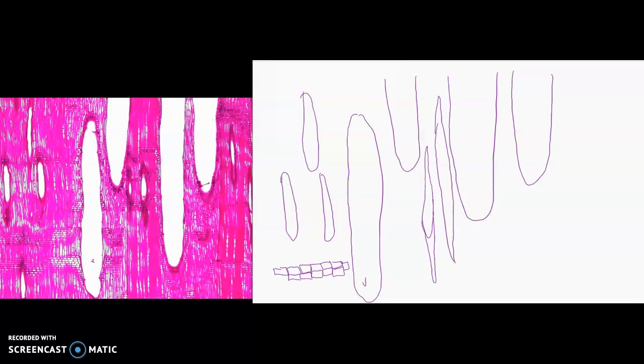Okay, so we have vessel elements. We have rays that are composed of parenchyma cells.